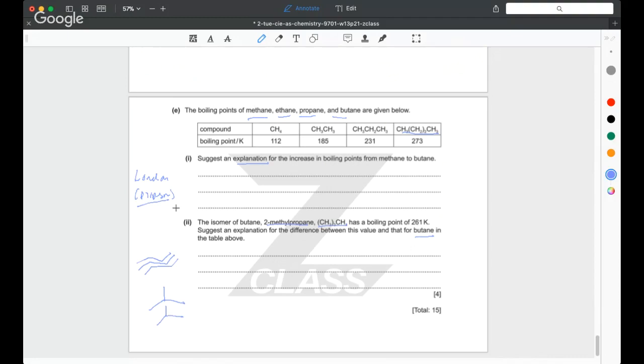Again, you've got London or dispersion forces that are responsible for the intermolecular forces here, and there's just a greater chance of these temporary induced dipole-dipole interactions between these closely stacked butane molecules than there is between the less closely stacked 2-methylpropane molecules here.